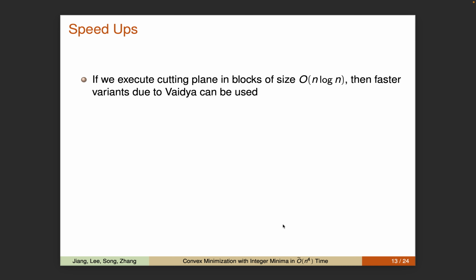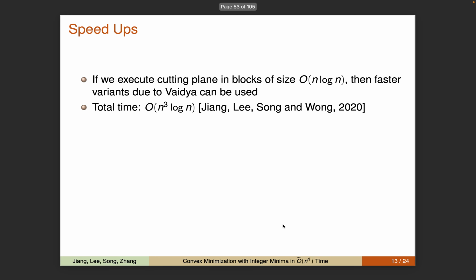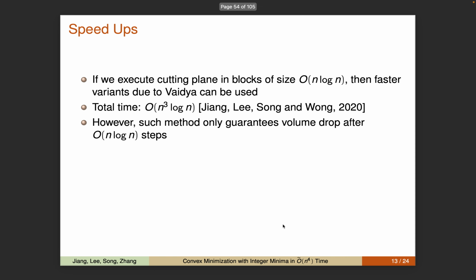How does one achieve a speedup given this framework? If one executes the cutting plane steps in blocks of size n log n, then there exist faster variants of the idea, and the total runtime is much faster due to Jiang, Lee, Song, and Wong. The runtime can be lowered to n cubed times log n.